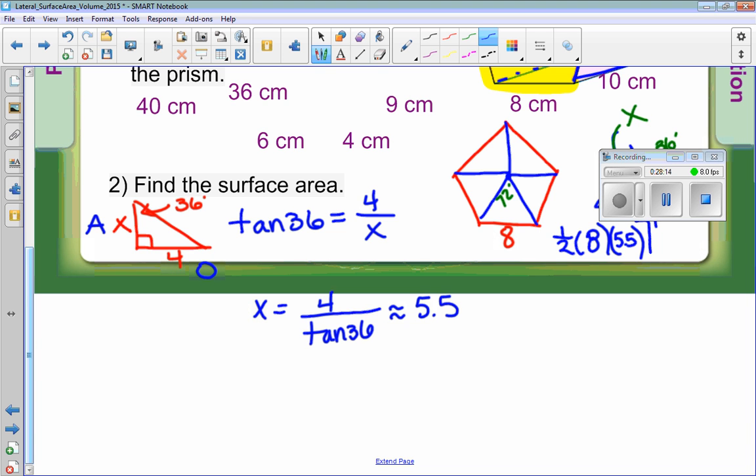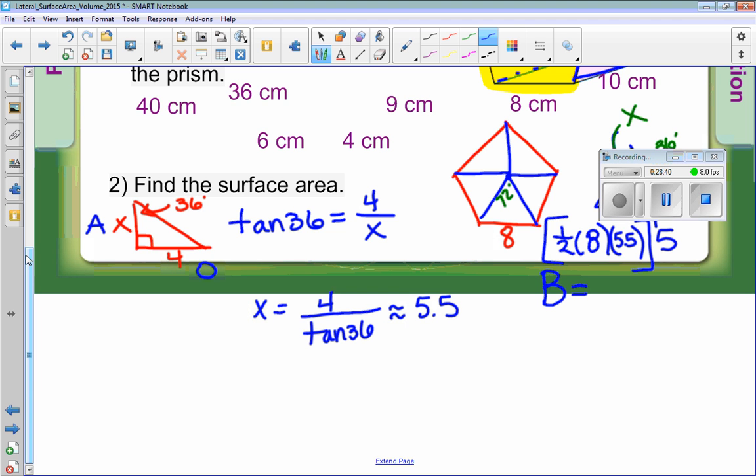How many of those triangles did I have for the whole pentagon? 5 of them. So the area of the base is going to be 1/2 times 8 times 5 times 5.5. So I got 110.11. Did you guys get that?